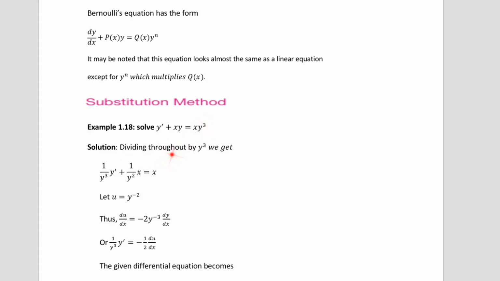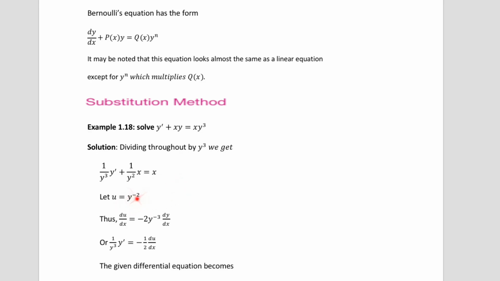Dividing throughout by y to the power 3, we get this result. Now this is an important step. Let a new variable u be written as y to the power minus 2. Minus 2, it is just 1 minus n.